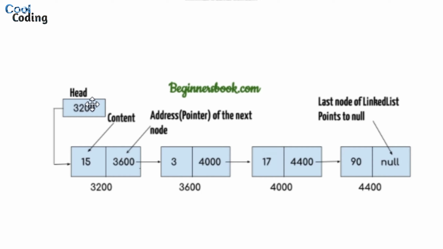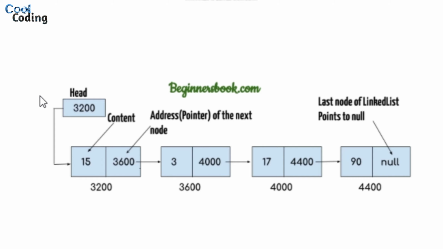Now let's understand this. This is the head, and this is the next, which we will assume is the pointer that contains the address of the next node. Here 15, the first element, is the data, and this is the pointer which contains the address of the next node.